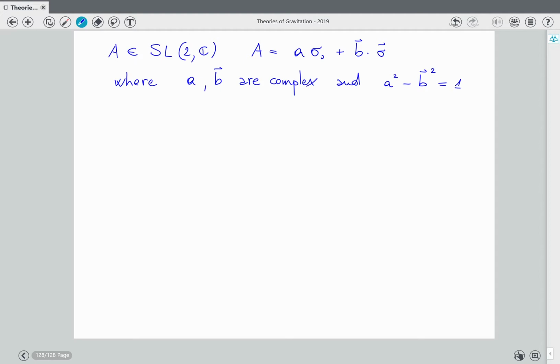So this is the condition. Can also check that A to the minus 1 is just this.